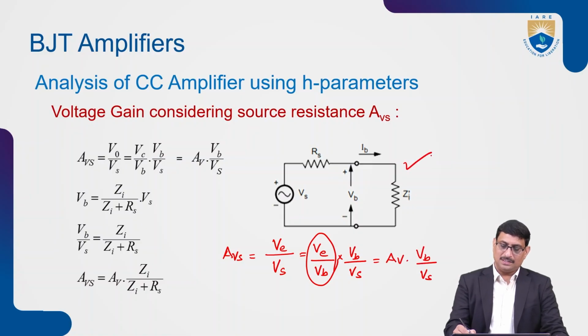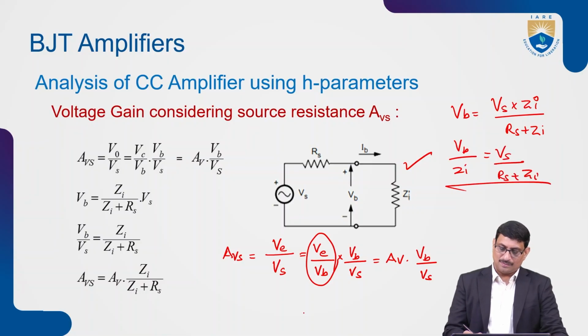By looking at this circuit diagram, the voltage across the input impedance Zi is VB, which is given by VB equal to total voltage into that resistance divided by the total resistance. Or from this, VB divided by Zi equal to Vs divided by Rs plus Zi.